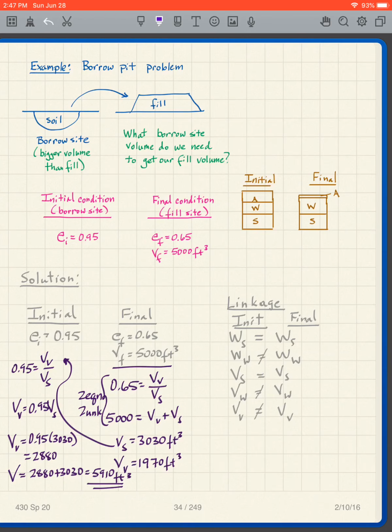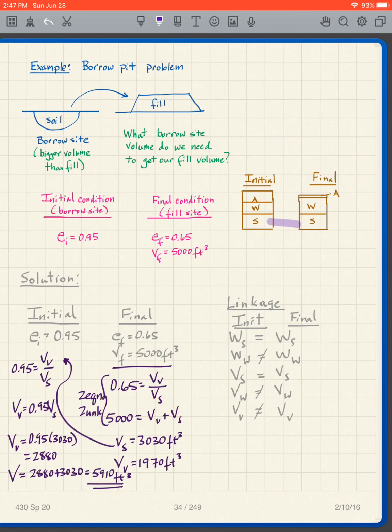So if I draw this little sketch, I'm indicating air, water, solids. Air, water, solids. Now, what is true between the initial and final conditions? Well, the only thing that we know is constant is the volume of the solids and the weight of the solids, of course, but I'm just sort of drawing this picture.